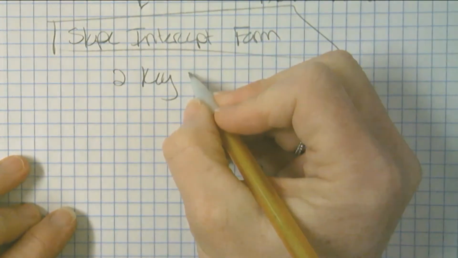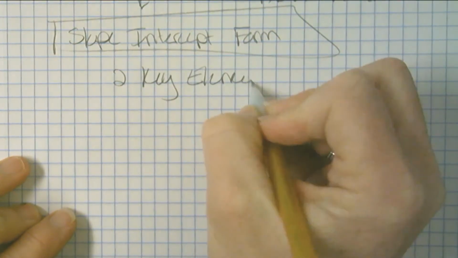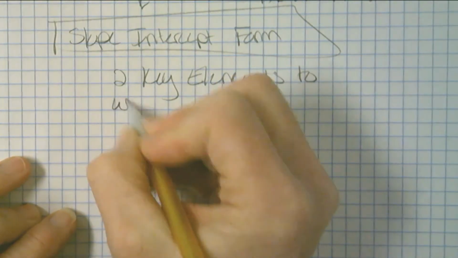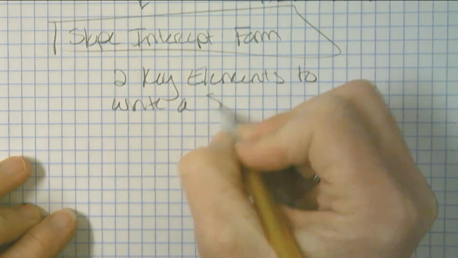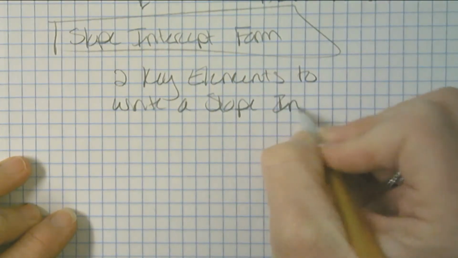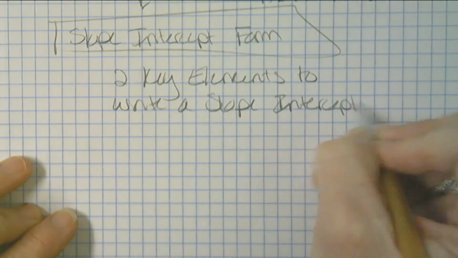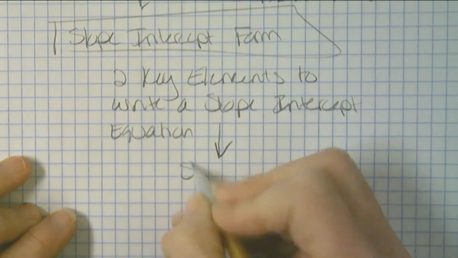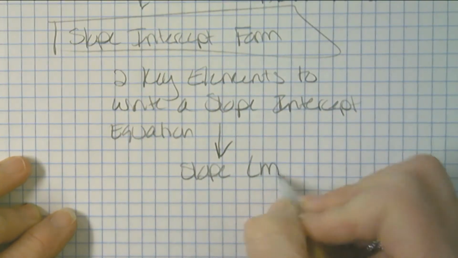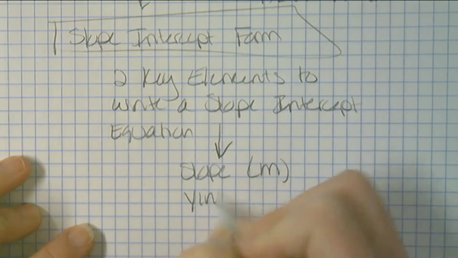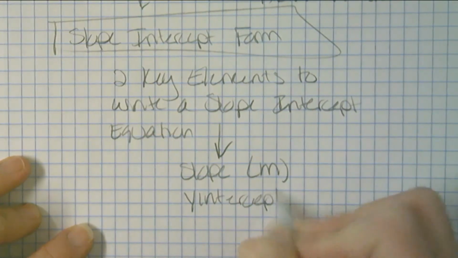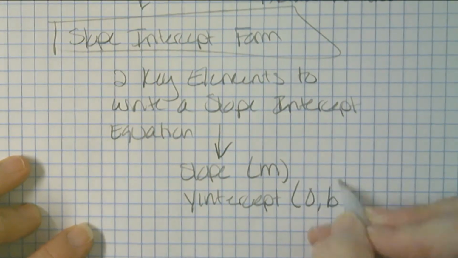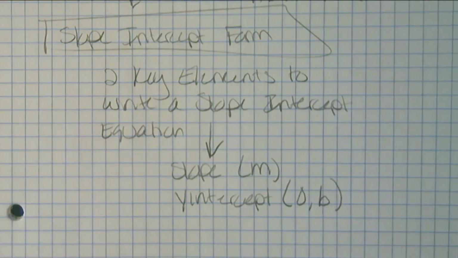Excellent. 2 key elements to write a slope-intercept equation. That's our slope, which is our m, and our y-intercept, which is (0, b). Keep that in mind.